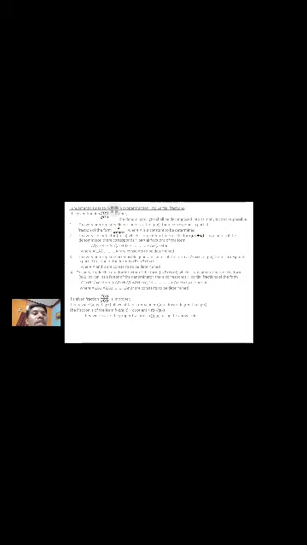After division, we can write f of x by g of x equals quotient plus r of x by g of x. Here r of x degree is less than g of x degree. Then r of x by g of x is converted into partial fractions.